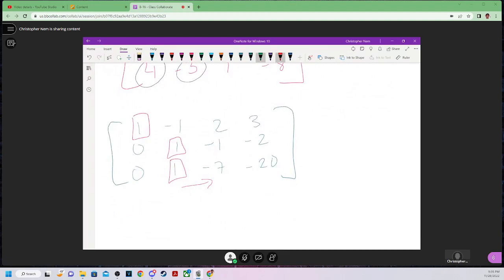So, to turn it to a 0, I don't want to affect this guy, so I'm going to use row 2. So I'm going to do negative row 2 plus row 3, and I'm going to send that to row 3.